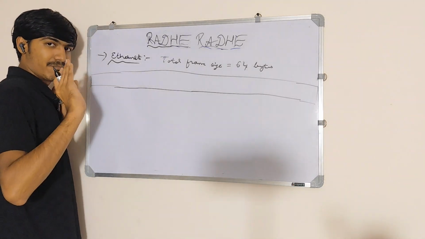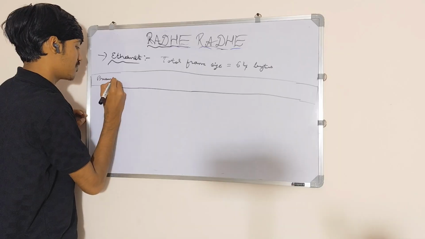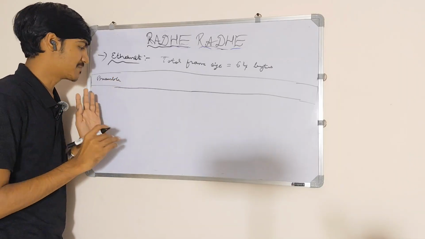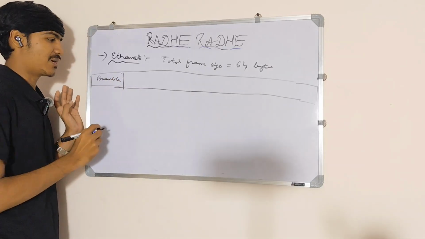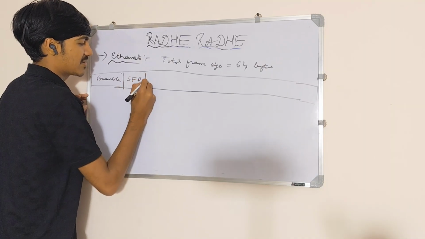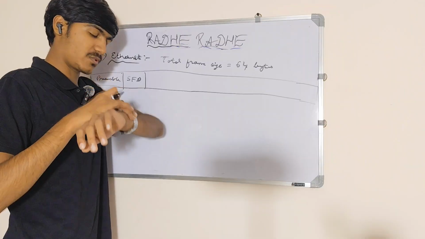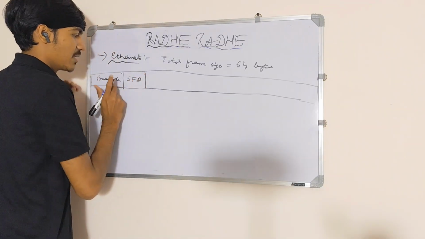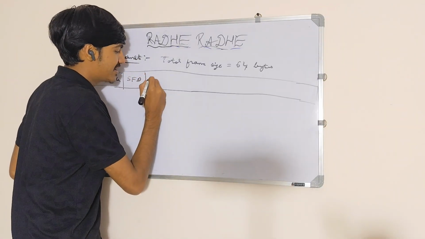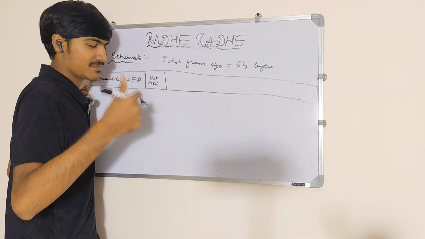Bro, first one is the preamble. Don't worry, I'll explain. First one is the preamble. Second is SFD, starting frame delimiter. Third one is the destination MAC address.